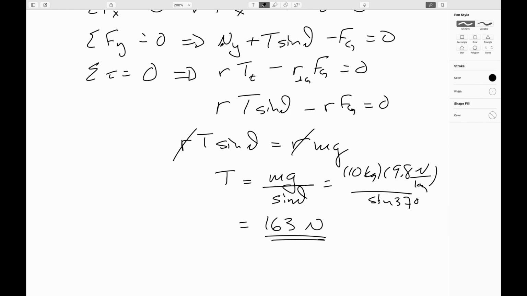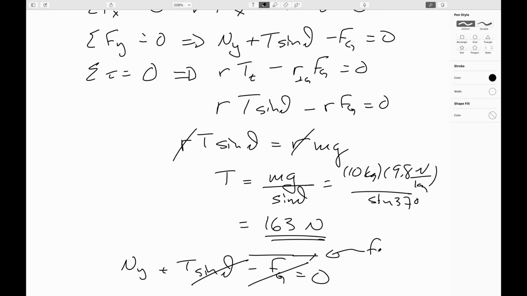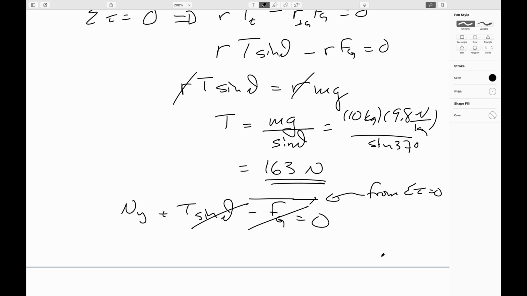Now, let's go revisit that y equation of motion. That equation said the y component of the normal force plus T sine theta minus Fg equals 0, but we literally just saw that these two are equal and cancel. So in this particular case, the y component of the normal force equals 0.